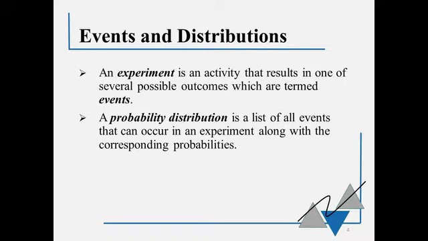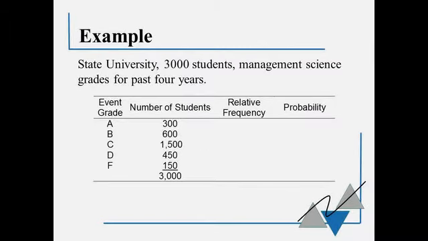A probability distribution is a list of all the events that can occur in an experiment along with their corresponding probabilities. So here's an example from the book. In this example, he made up 3,000 students at State University, and 300 of them made A's, 600 made B's, etc. And so those are just the counts.